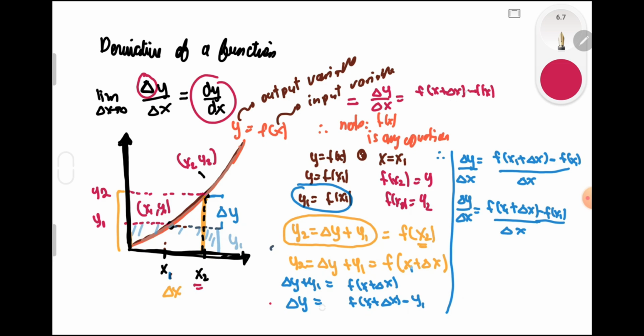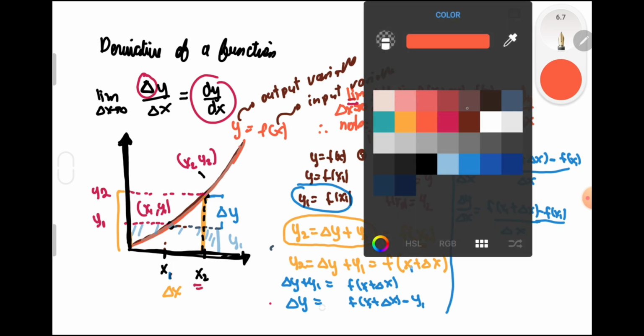I will remove the 1 now. So divided by delta x. If you get the limit of both sides as delta x approaches 0, we will have a value of our dy over dx.